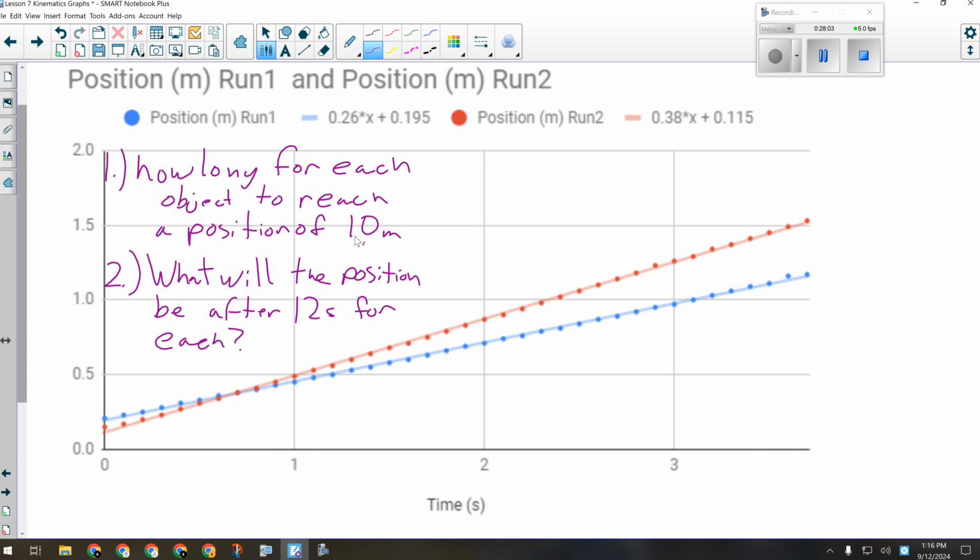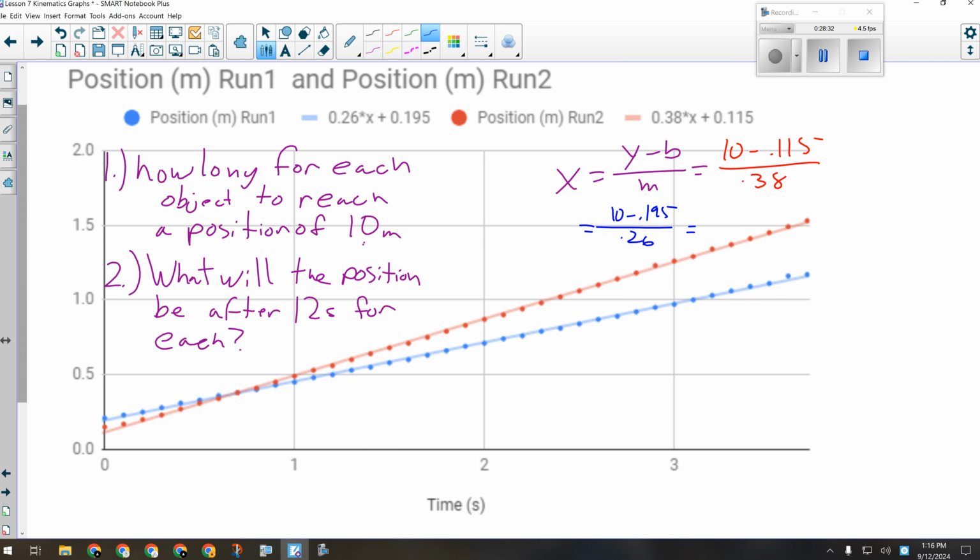So I simply go, x equals y minus b, divided by m. For the red line, that's going to be 10 meters minus 0.115 divided by 0.38. And for the blue line, that's going to be 10 minus 0.195 divided by 0.26.